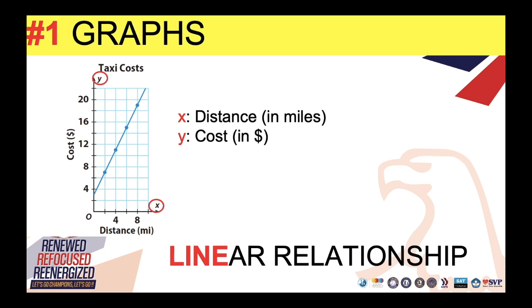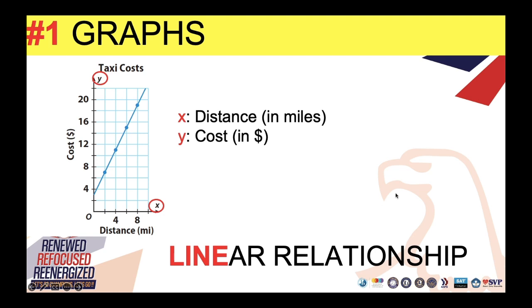It's very, very important for you to understand. So for example, if you pick a point, covering 4 miles will already cost $11. So you have to know what the x-axis represents, and what the y-axis represents.